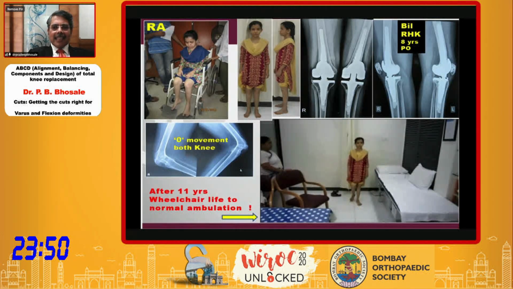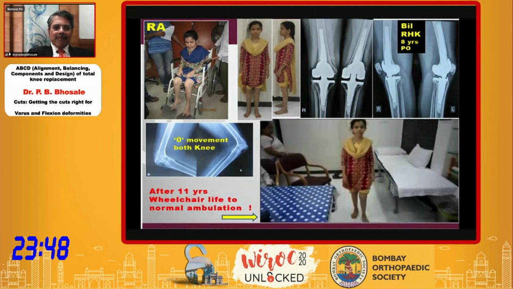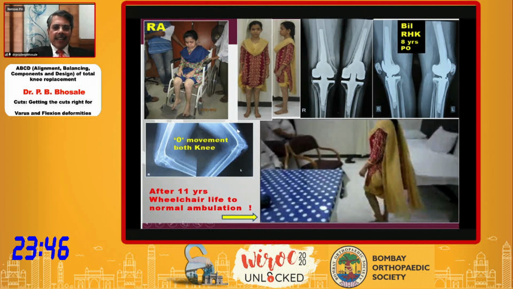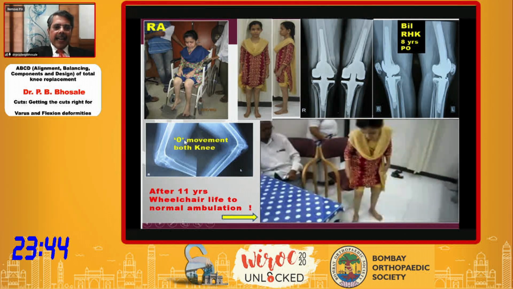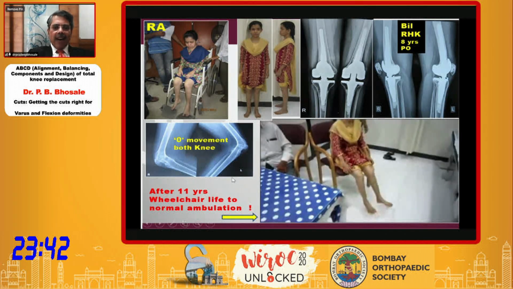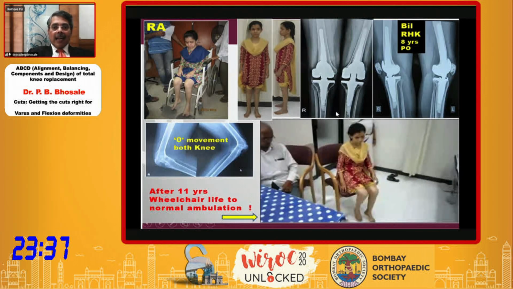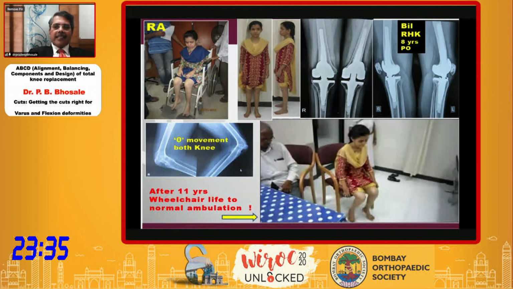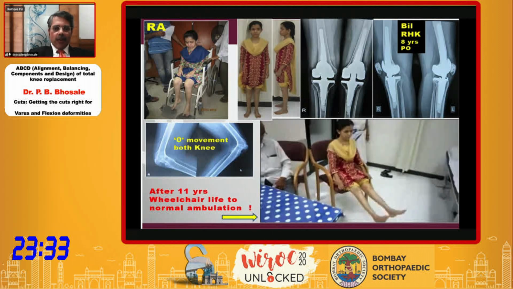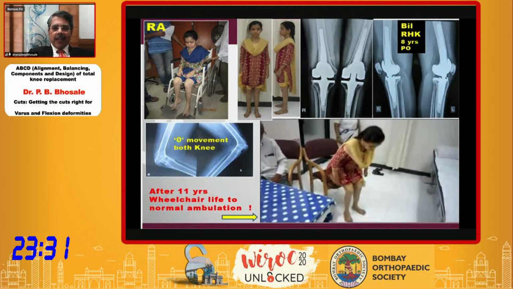And this is a museum case, 90-degree flexion deformity, rheumatoid and bony fused. After 11 years she's walking, and bilateral. Whenever there's a mismatch you need a constraint, and we used a rotating hinge, and she's got 8-year good follow-up.